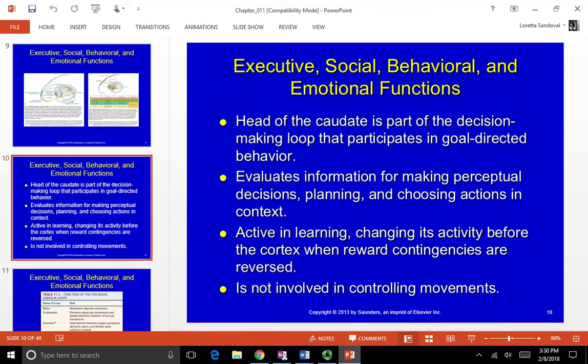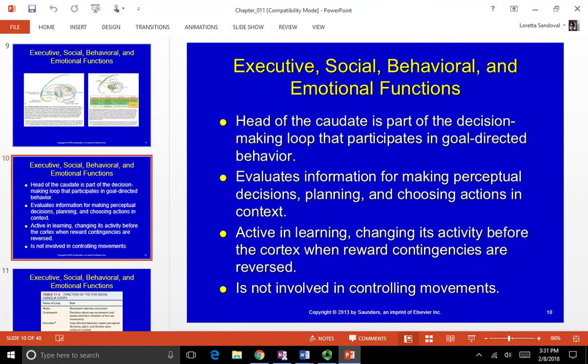So the basal ganglia evaluate information for making perceptual decisions, planning, and choosing actions in the context of what's going on right at that minute. The basal ganglia is active in learning and changing its activity before the cortex when reward contingencies are reversed. In other words, you start studying that really complicated chart and then you go, you know what?